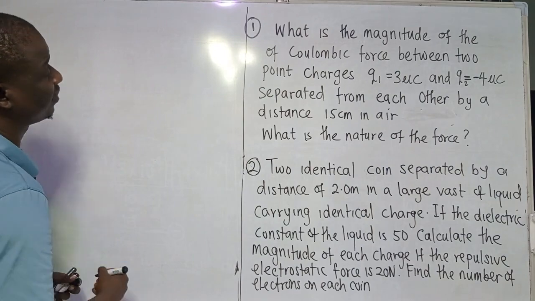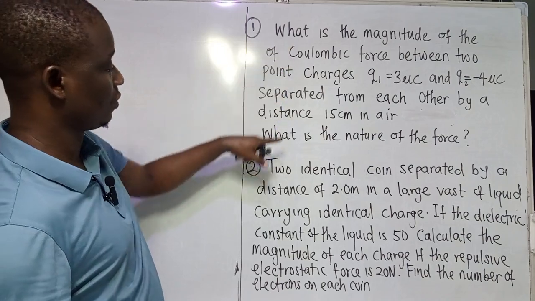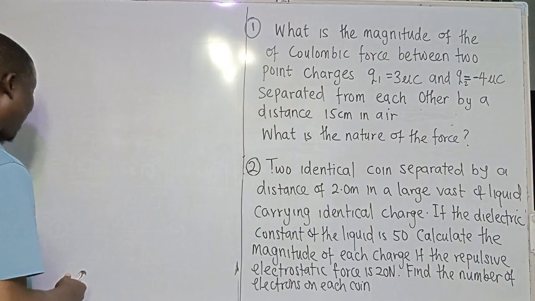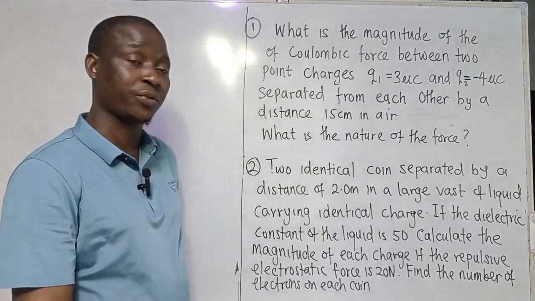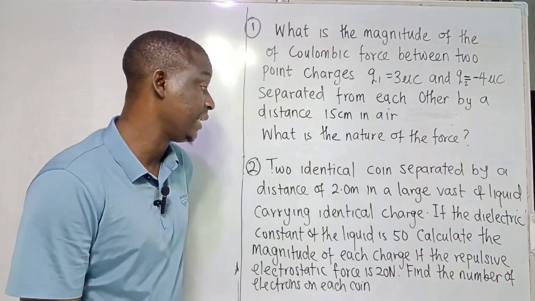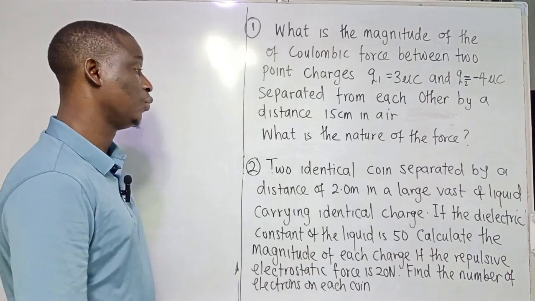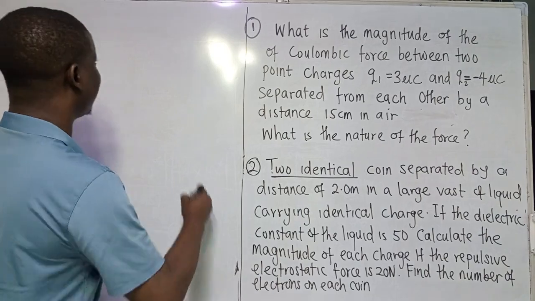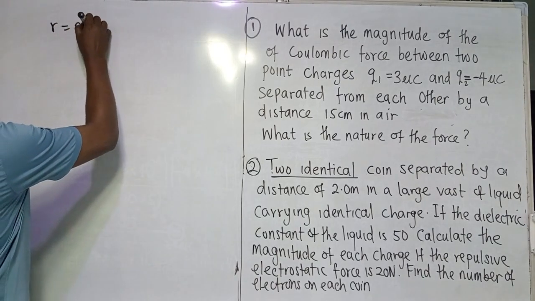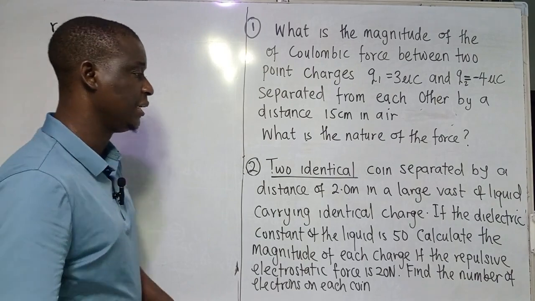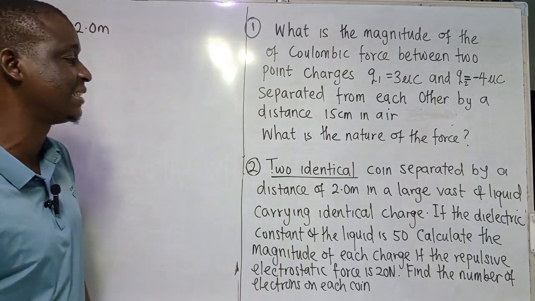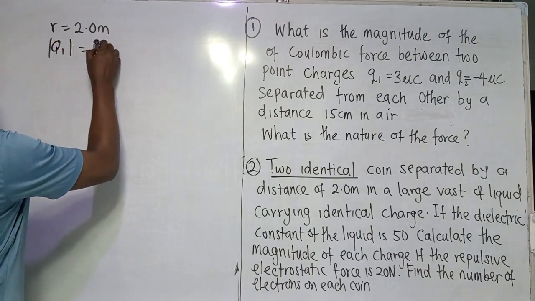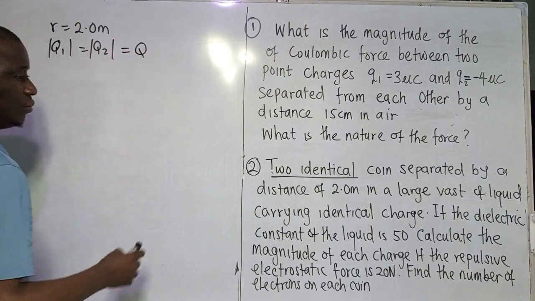Number 2 says, two identical coins separated by a distance of R equal to 2.0 meter in a large vase of liquid carrying identical charges. So that means Q1 is equal to Q2, equal to Q.